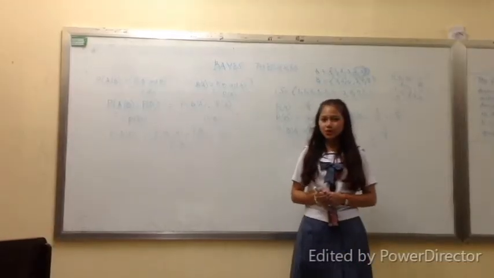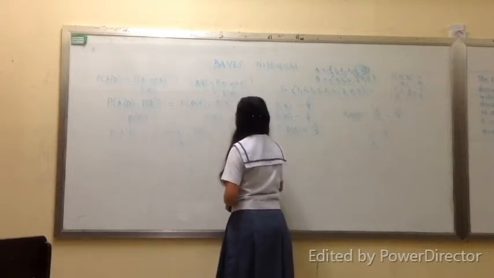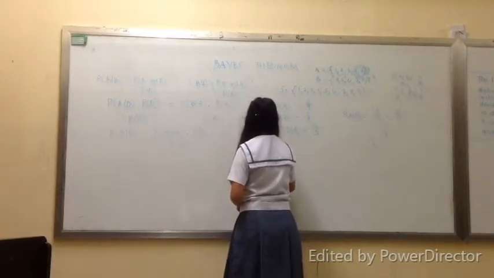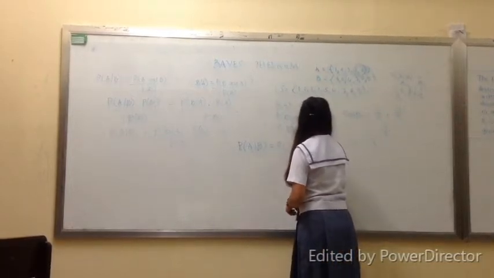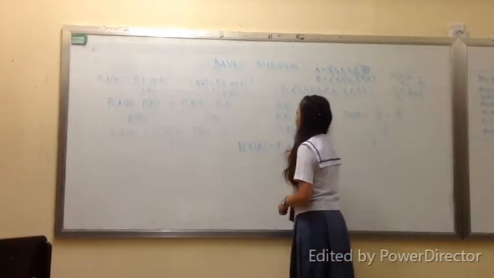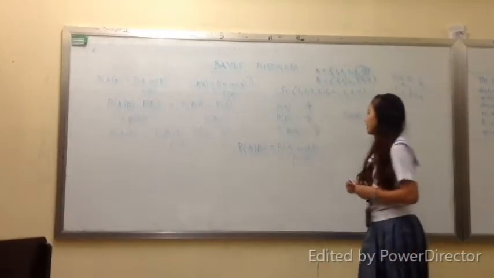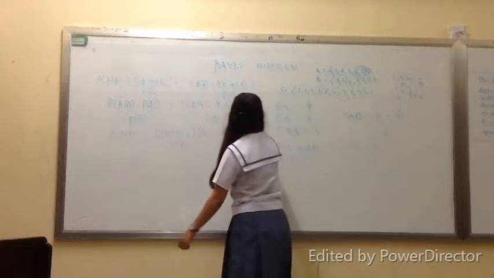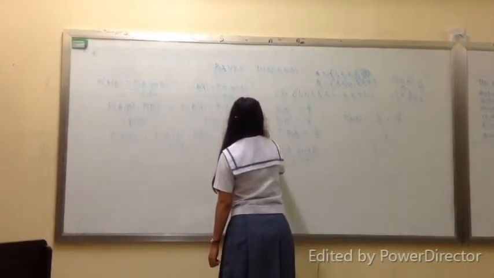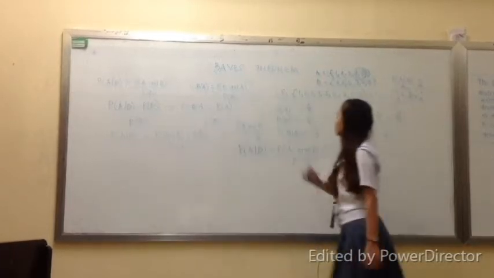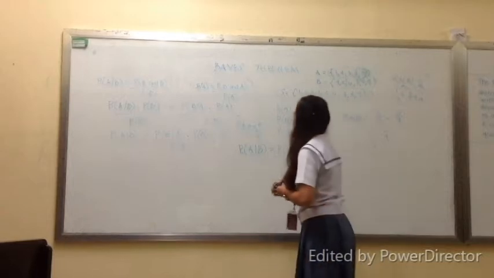Now we will go to the second way of finding the probability of this set. We will use the original equation, which is the probability of A given B is equal to the probability of A and B all over the probability of B. So the probability of A and B is equal to 2 out of 9, or 2 over 9, since there are 2 data that occurred twice in the data given.